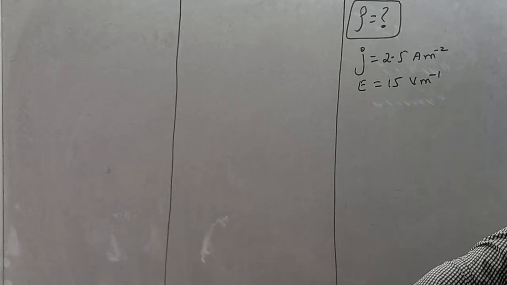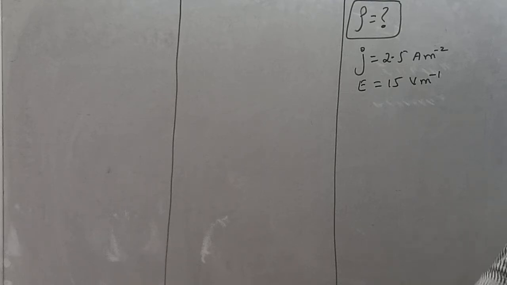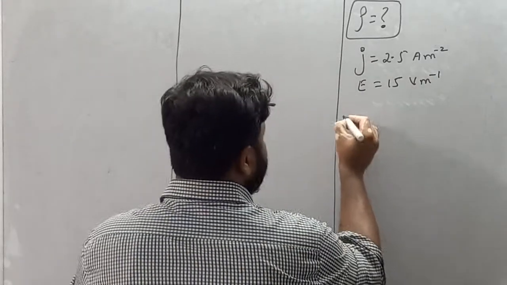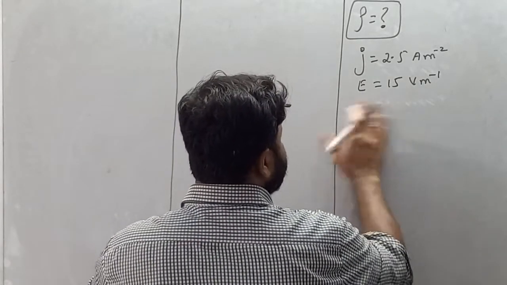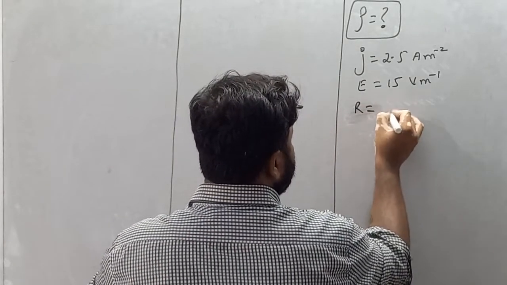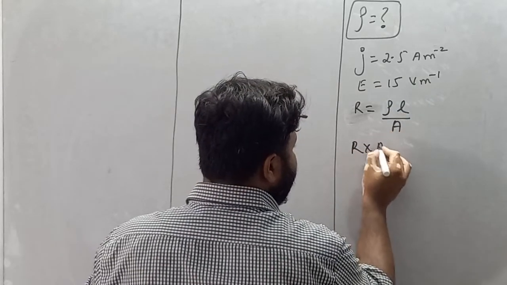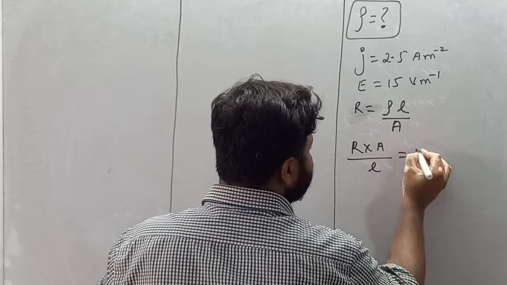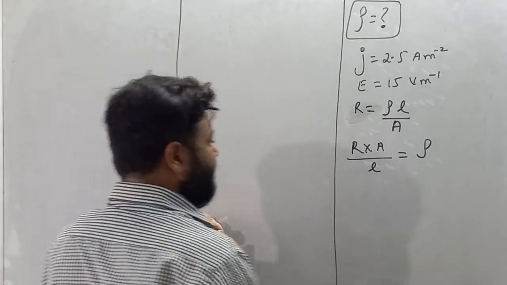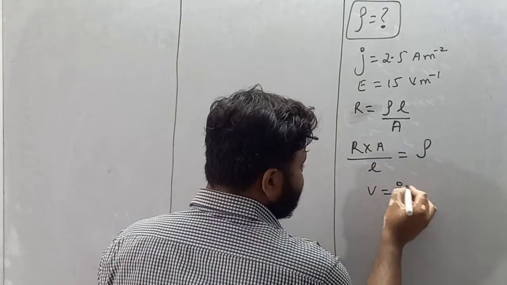we have to find the resistivity. So first of all, we can write rho is equal to, we know that R is equal to rho L by A. So R into A by L is equal to rho. Now see, V is equal to IR.